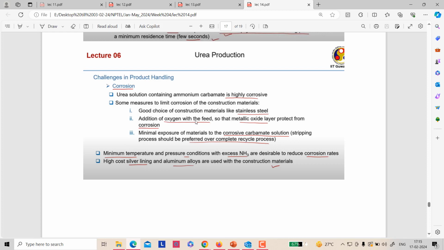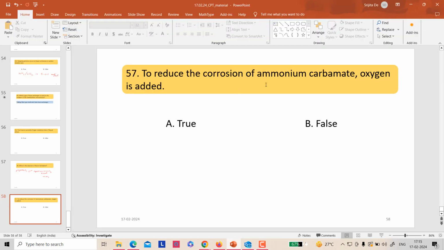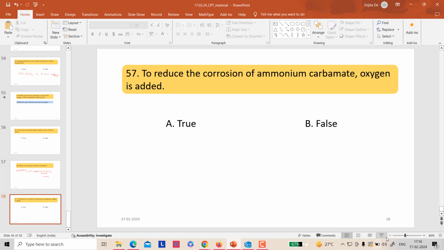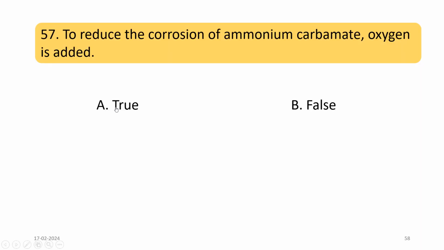Again, addition of oxygen with the feed so that a metallic oxide layer protects from corrosion. So to reduce the corrosion of ammonium carbamate, oxygen is added with the feed so that on the construction materials of the reactor, a layer of metallic oxide is formed and that will protect it from corrosion. So this is true.